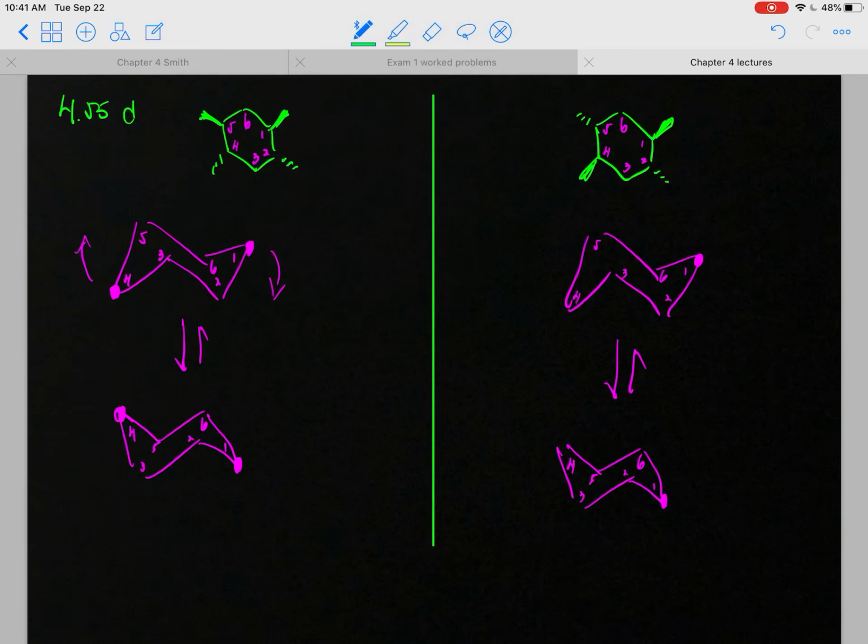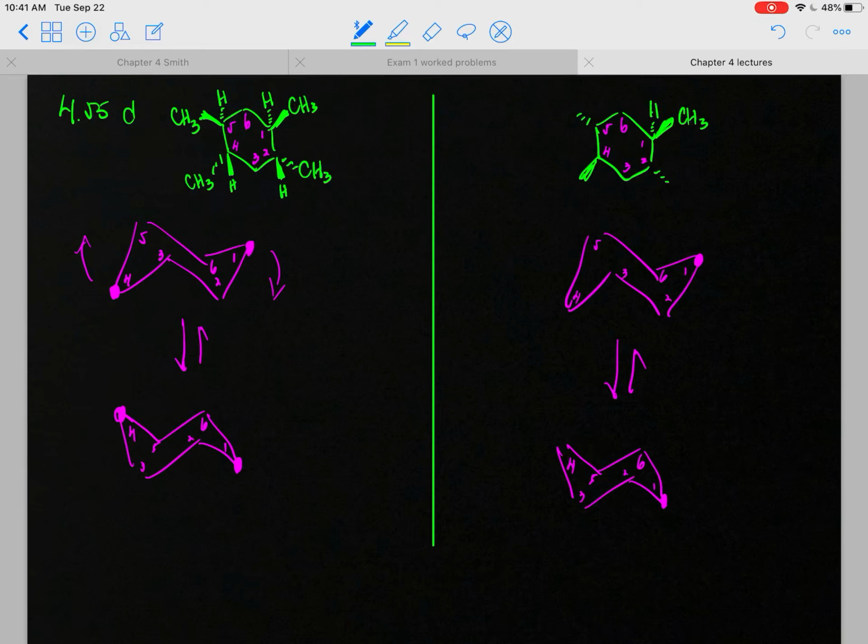So let's see. Now what we want to do, as I like to do, is make sure that we know that these are methyl groups, and I like to draw the hydrogens that are on each of the carbon atoms. Remember that you'll never have two wedges or two dashes. You'll have one wedge and one dash on each carbon atom in the wedge-dash drawing.